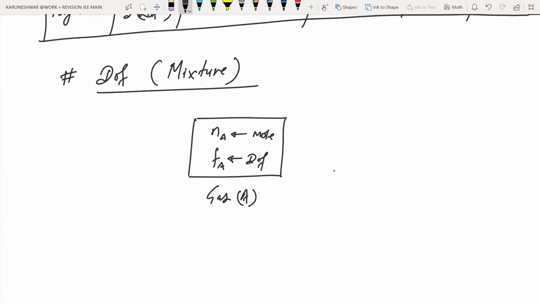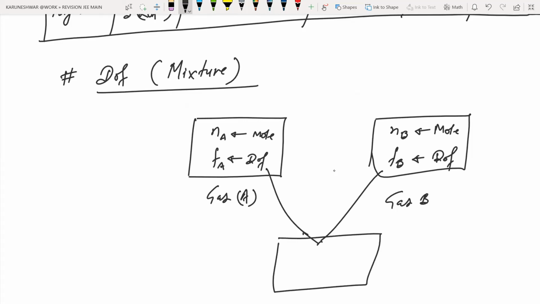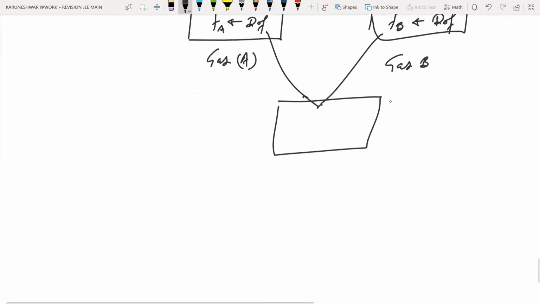And the other gas is gas B, with number of moles Nb and degree of freedom Fb. And once you mix both gases in a container, the mixture will have the combined properties of both.